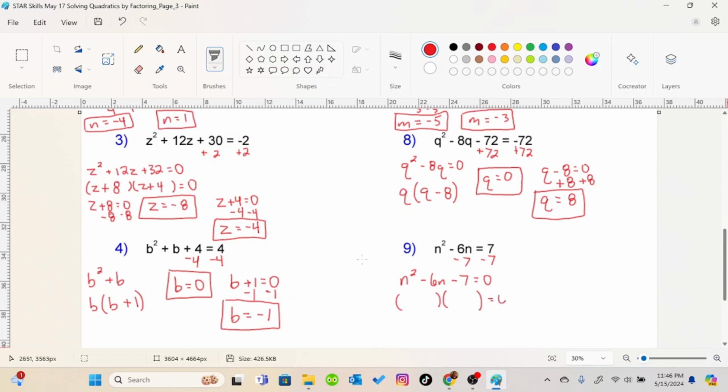We're multiplying two things together and getting 0. N squared is n times n. The second symbol being minus tells us the signs are opposites. The first sign being minus tells us the bigger factor is going to be negative.